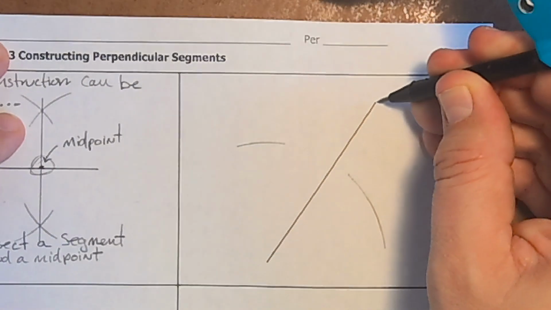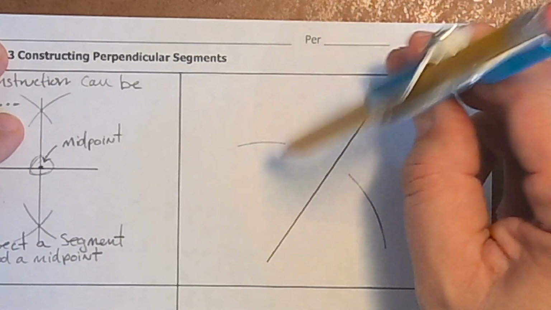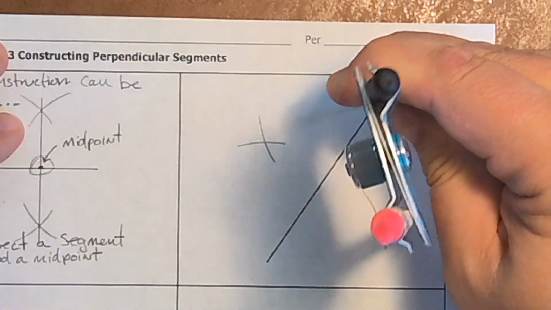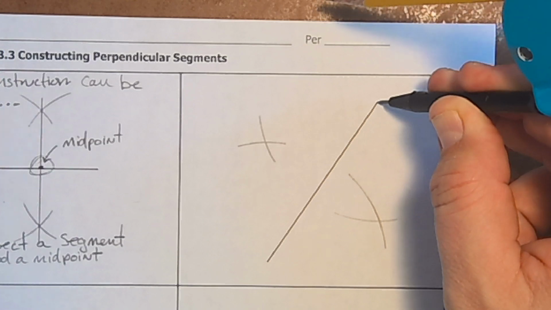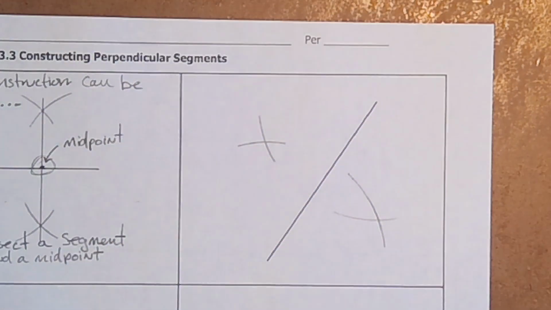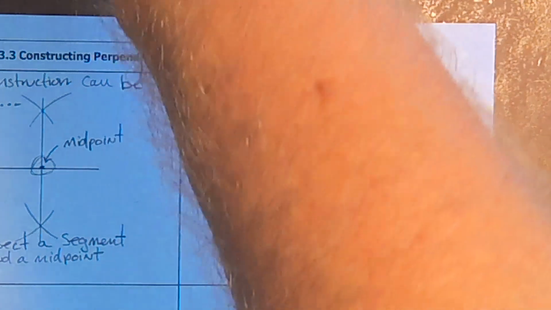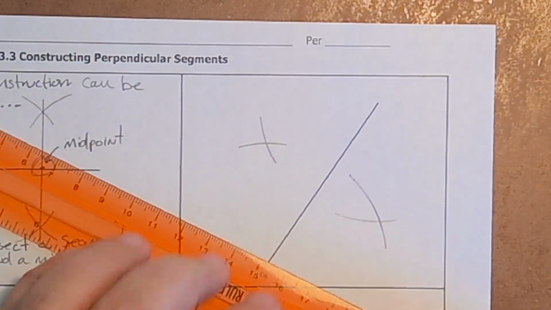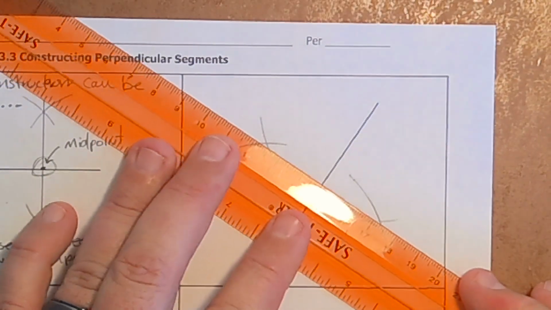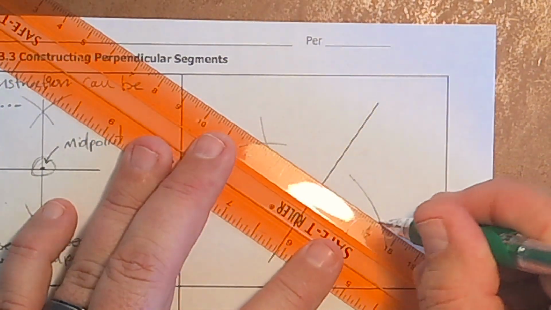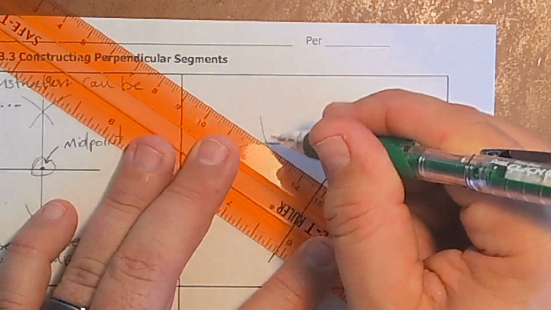I'm going to switch over to the other side, put my pointer down, and cross arc so that I get my two crossing arcs. Then I'm going to take my ruler and line up my two intersections, and I'm going to even put my pencil where I want it to go, just to make sure my ruler's in the place where I want it to be.